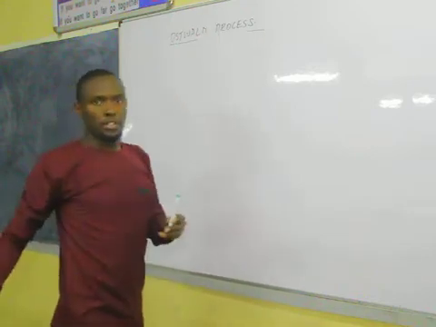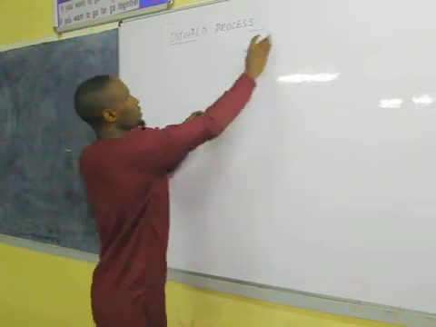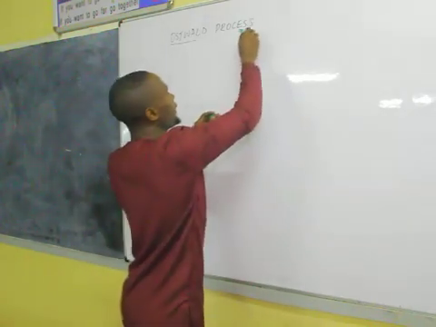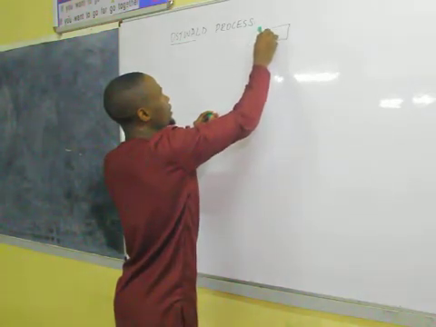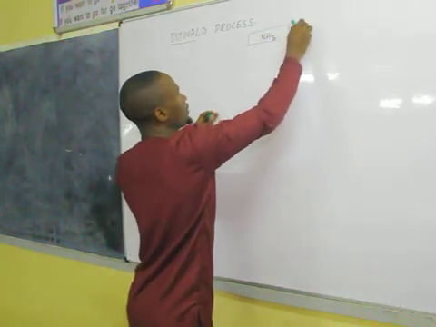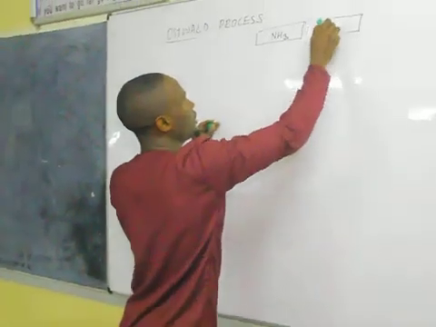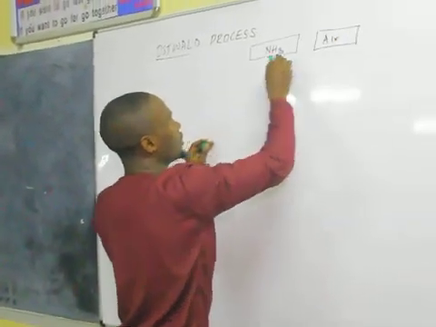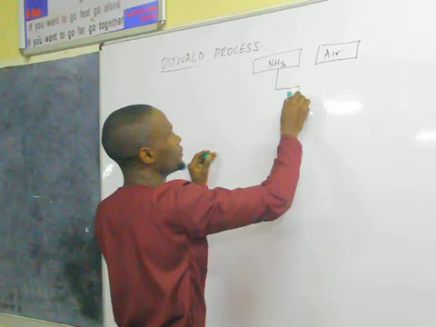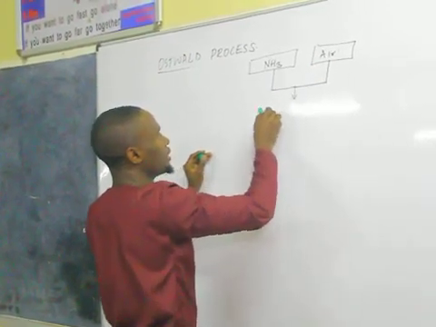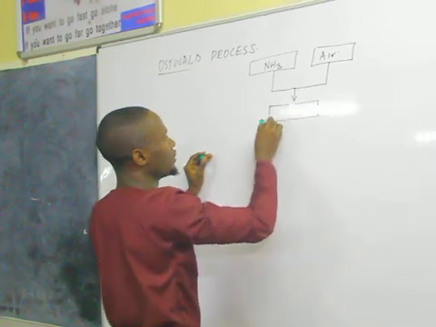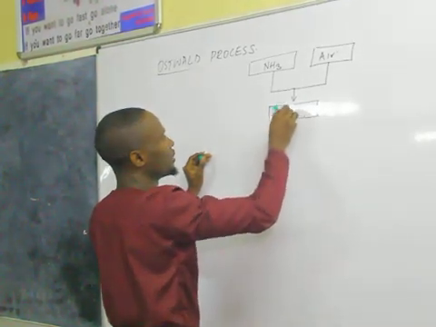I am going to break this process into chambers. Ammonia gas with air is taken to the first chamber, and this chamber is called a purifier.